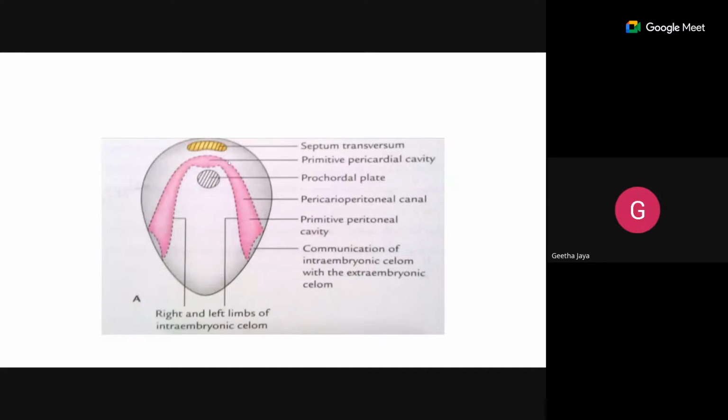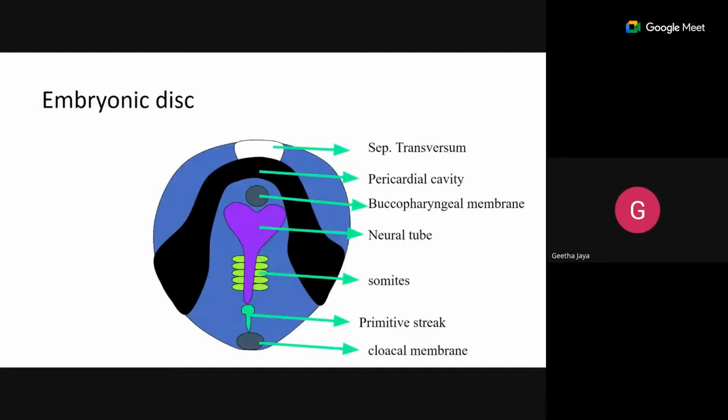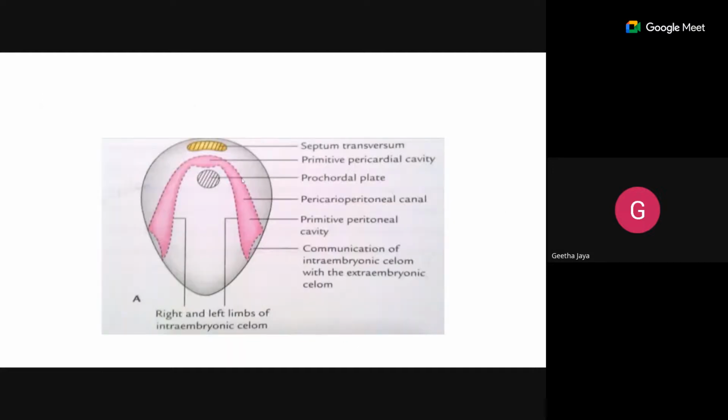This pericardial cavity is continuous on either side with the coelomic canal, but later with the development of the pleural cavity, which divides it, you will have the peritoneal membrane.